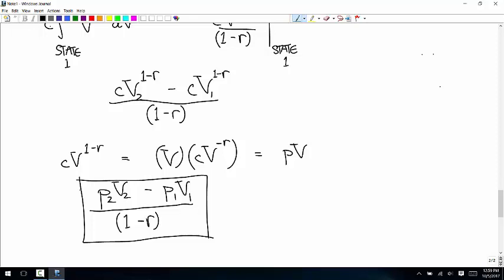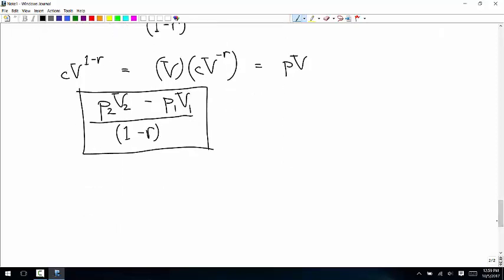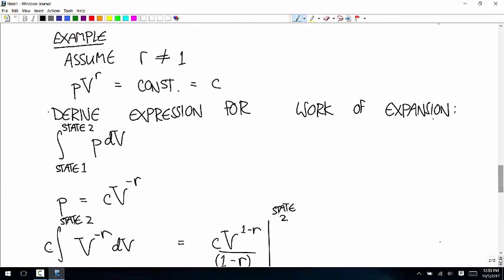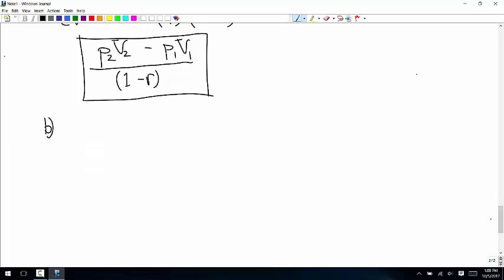Well, I guess the fact that it's polytropic gives you, we filled in all the extra information based on the fact that we knew it was polytropic. So now, let's say that was part A. So now let's assume that it's an ideal gas.